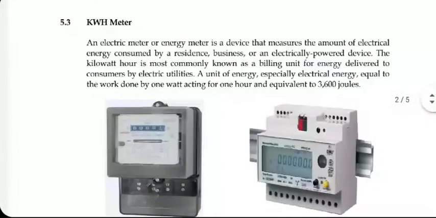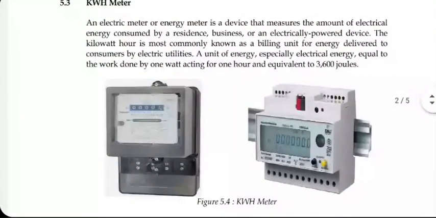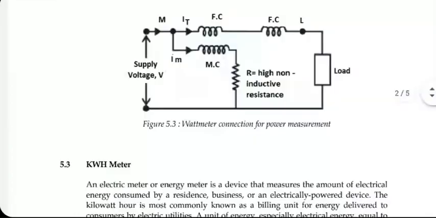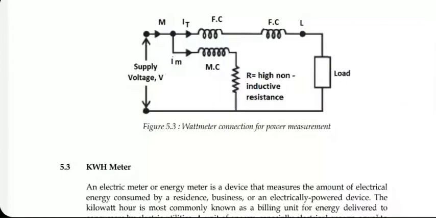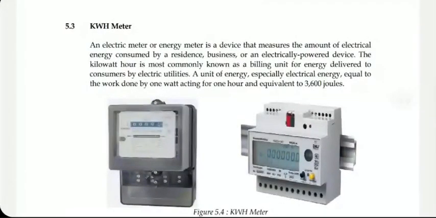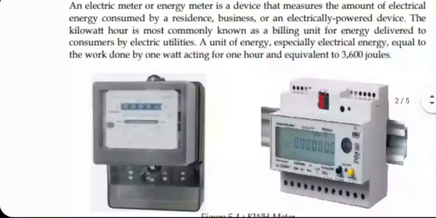Energy meters or kWh meters are power meters where you don't put a torsion spring to control the deflection of the needle. The needle is connected to the moving coil. So if you don't put a counterbalancing torque on the needle, it will continuously rotate. The revolutions per minute or revolutions per second will indicate the power being consumed.